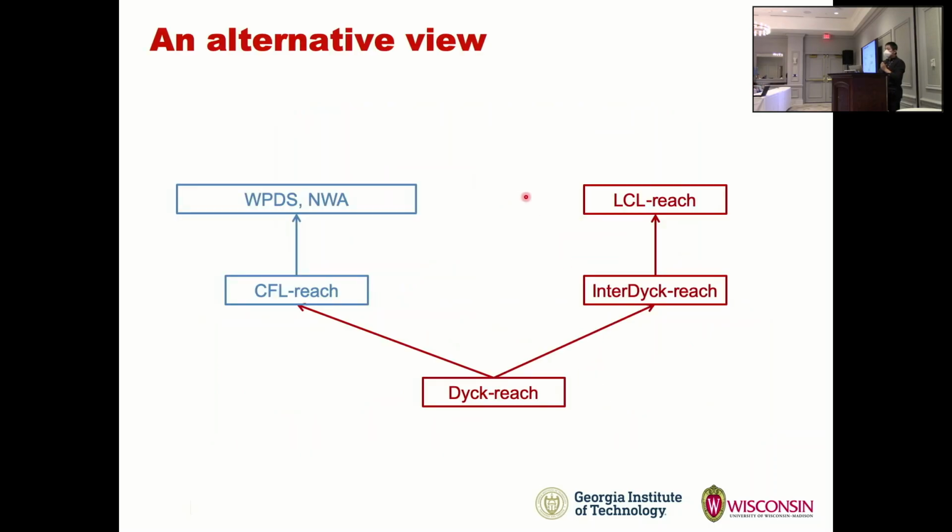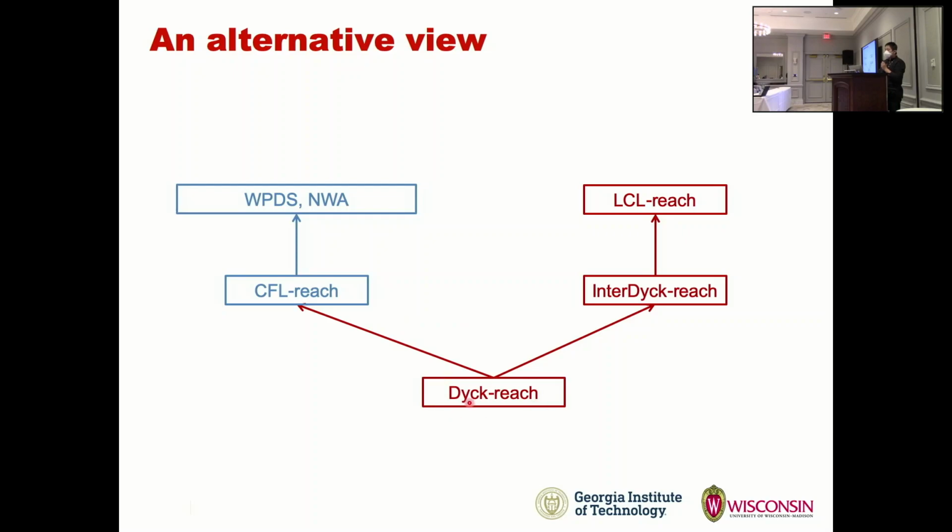Also, there's an alternative view of the three topics that we are going to cover. We know that in the first half of the tutorial, we talked about the CFL-reachability problem instance, and Tom also mentioned briefly several extensions, such as weighted pushdown systems and weighted nested word automata. In the second half of the tutorial, we'll be focusing on three problem instances, that is Dyck-reachability, multiple Dyck-reachability, and LCL-reachability. And this figure shows the relationship in terms of expressiveness among those reachability variants.